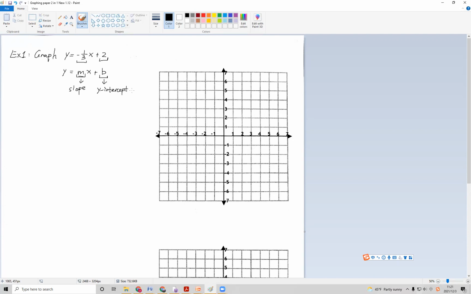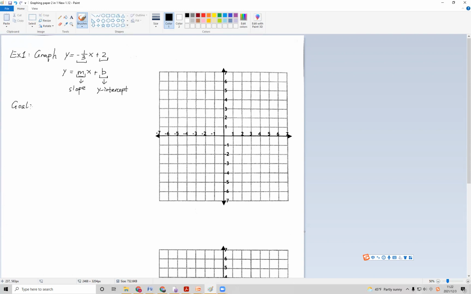Okay, so when you see a linear equation like this in this specific form, the first thing you need to know is your slope is -1/3, your y-intercept is 2. Now next, we need to graph a straight line for this equation in this coordinate plane. So first, make sure you understand what you are doing.